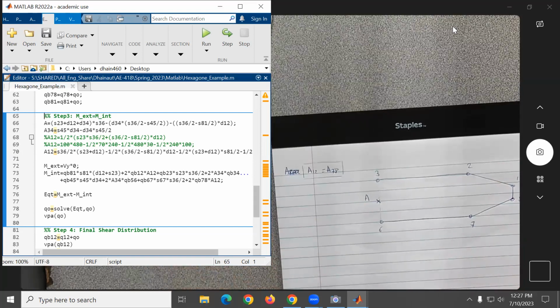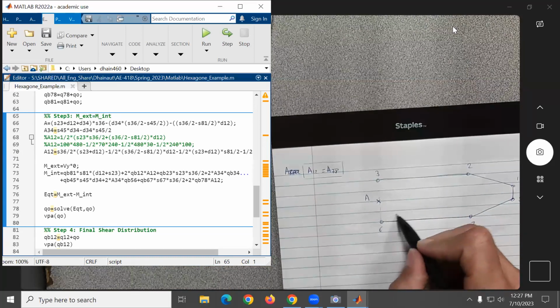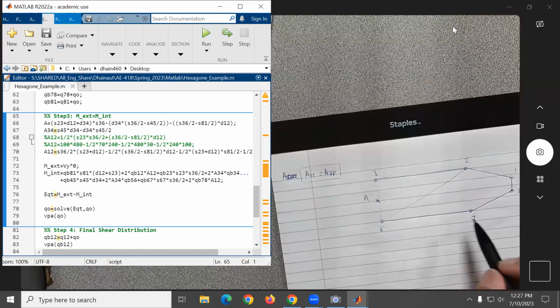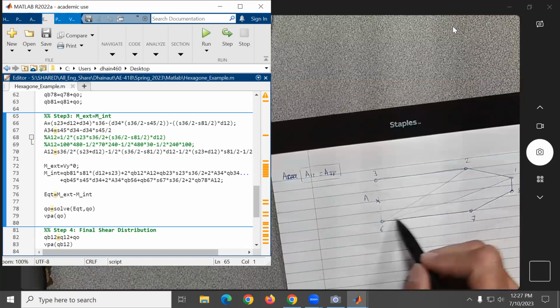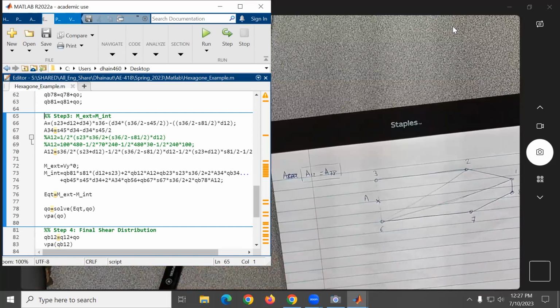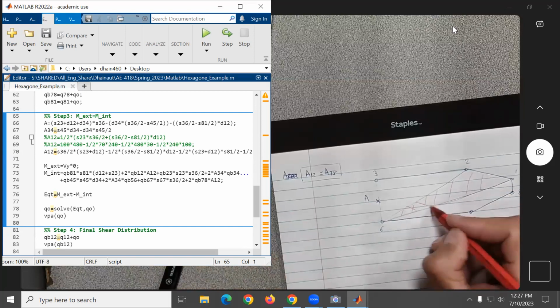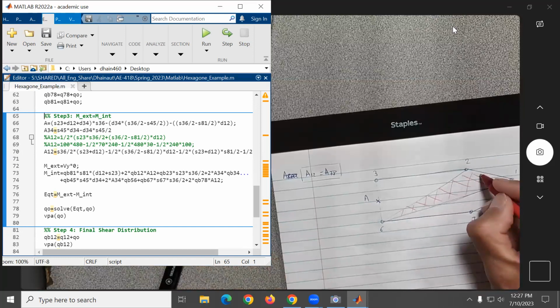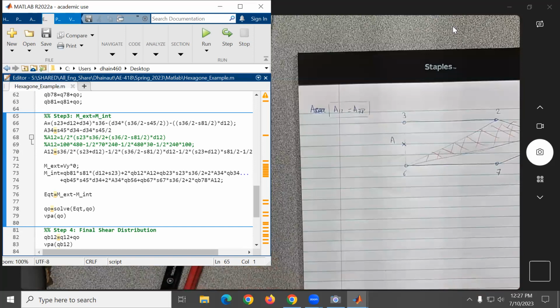Okay, and we need to do the area A12. So this one goes from here to here, and here to here. Basically, this is the area A12, okay?